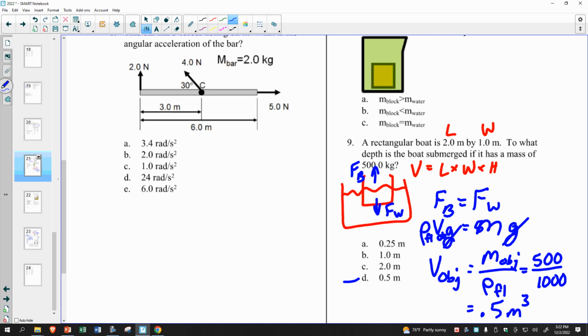Which you might have put as the answer, but you know that's of course not the right answer. I would say that the volume, which is 0.5, is equal to 2 times 1 times the height of the boat. And then I find that the height, or the depth that it's submerged, is 0.25 meters. So A was the right answer.